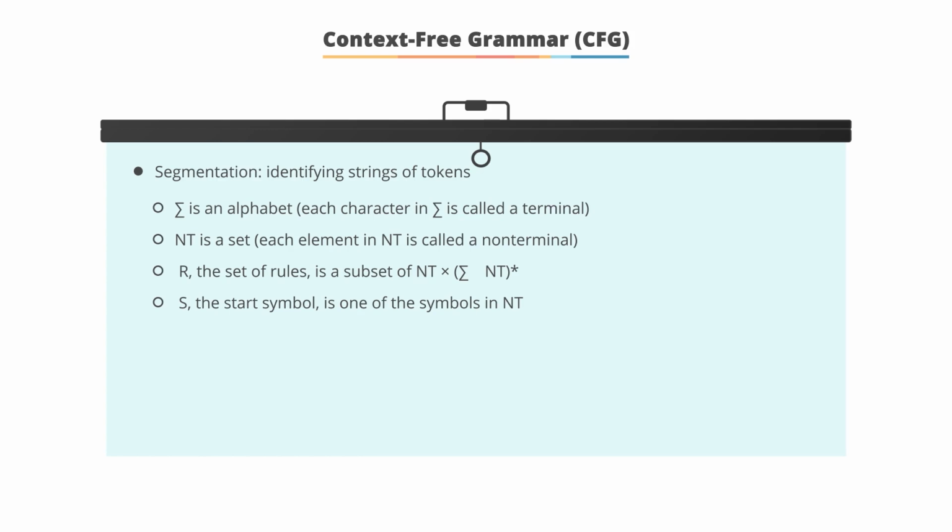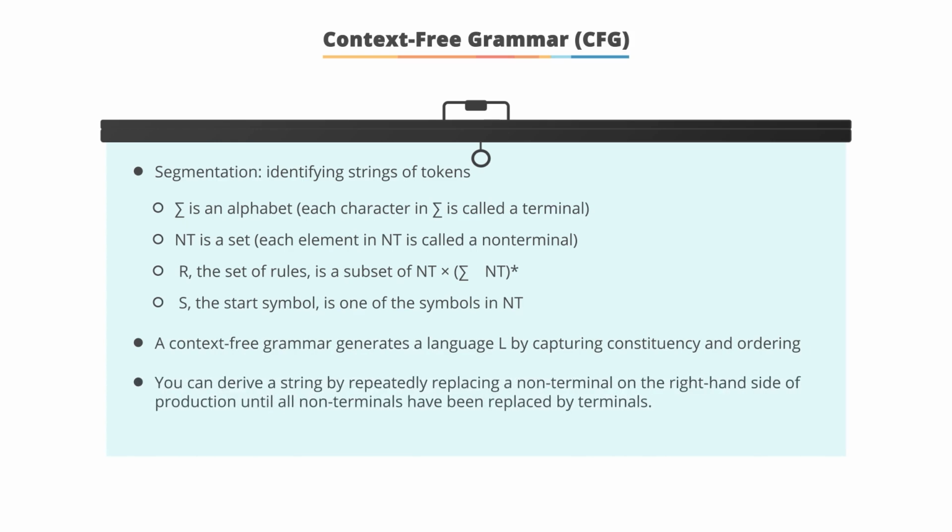S, the start symbol, is one of the symbols in NT. A context-free grammar generates a language L capturing constituency and ordering. In CFG, the start symbol is used to derive the string. You can derive the string by repeatedly replacing a non-terminal on the left-hand side of the production until all non-terminals have been replaced by terminal symbols.